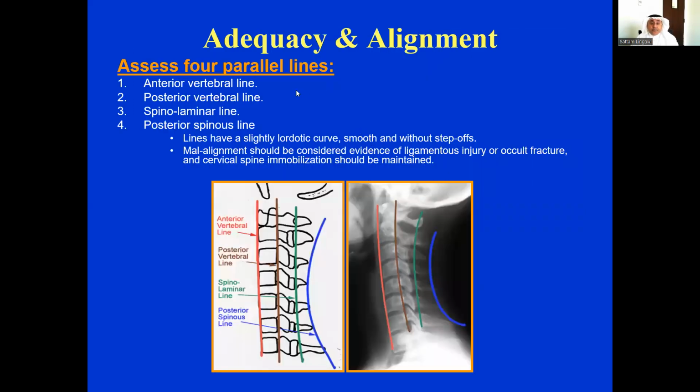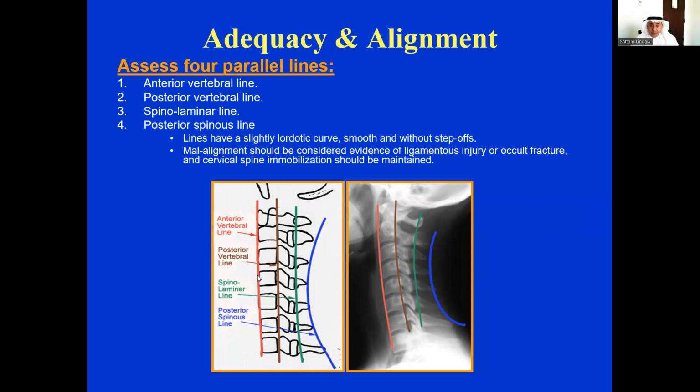So again, the first step is to check the adequacy of the field, meaning covering from skull base down to the thoracic inlet, and then the intactness of the alignment with the anterior and posterior vertebral lines, with the spinolaminar line, and with the interspinous or spinous processes line.